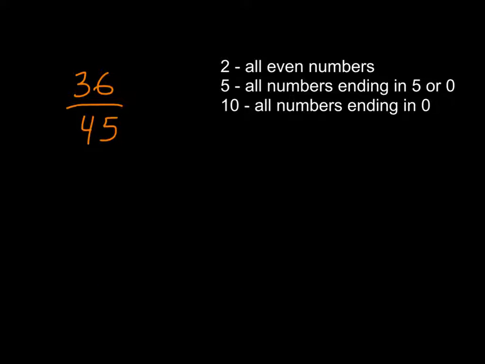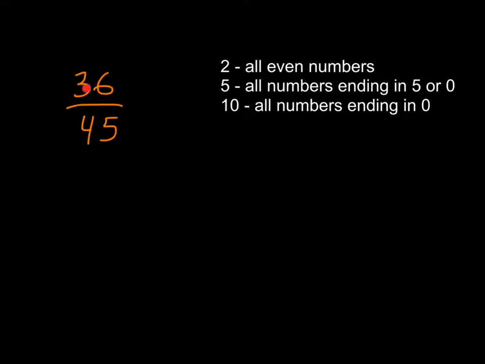Sometimes you'll come across a fraction like this one where you're asked to put it in simplest form, and it seems like there are some numbers that you should be able to simplify by, but they might not jump out to you. We know the common ones, right? So if it's divisible by 2, it'll always be an even number.